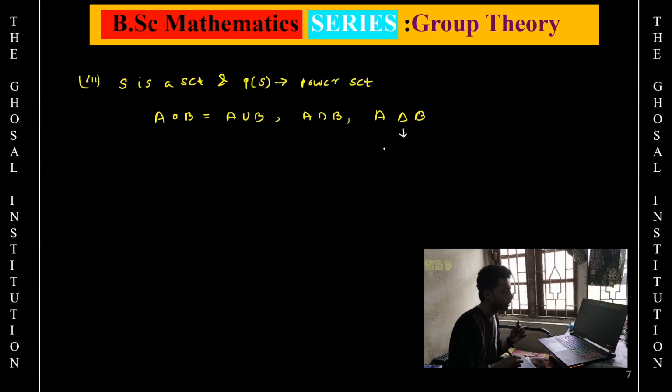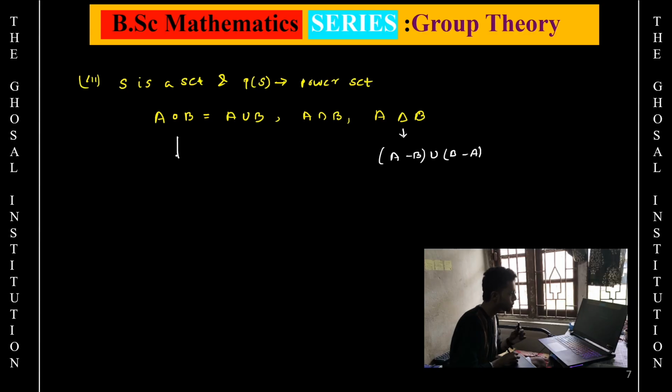It is (A minus B) union (B minus A). Now what is A minus B? A minus B means the set of all elements of A which are not in B, and B minus A means the set of all elements of B which are not in A. I hope you know this.